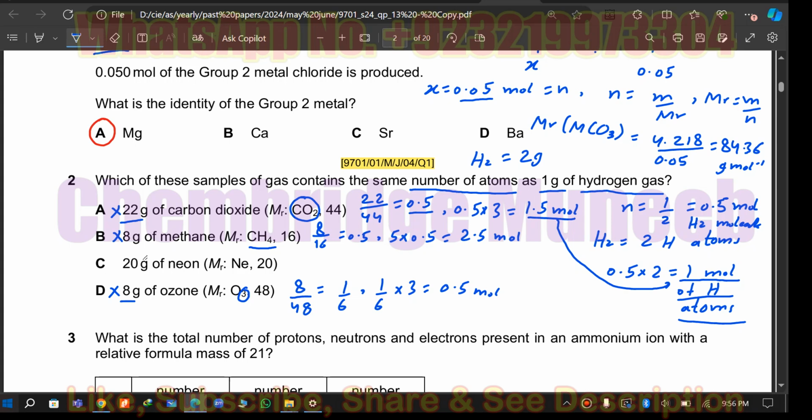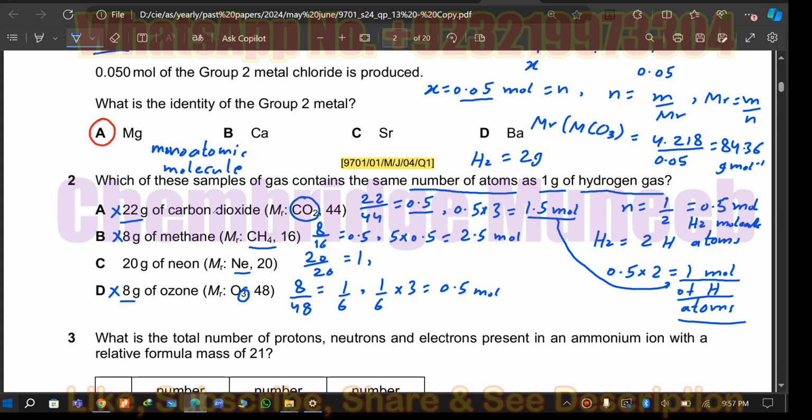Now C option, we are given 20 gram of neon and MR is also 20. We should recall that neon belongs to monoatomic molecule. All the noble gases are considered as monoatomic molecules, so the mole comes out to be 1.